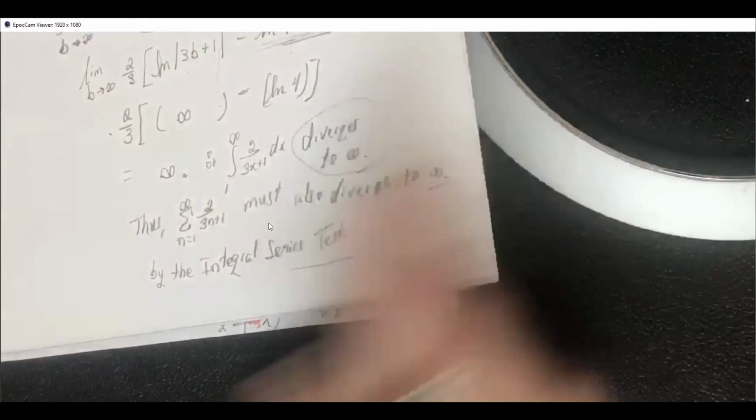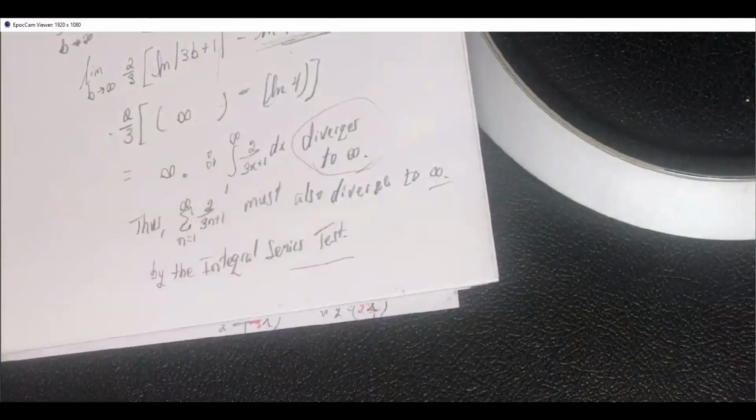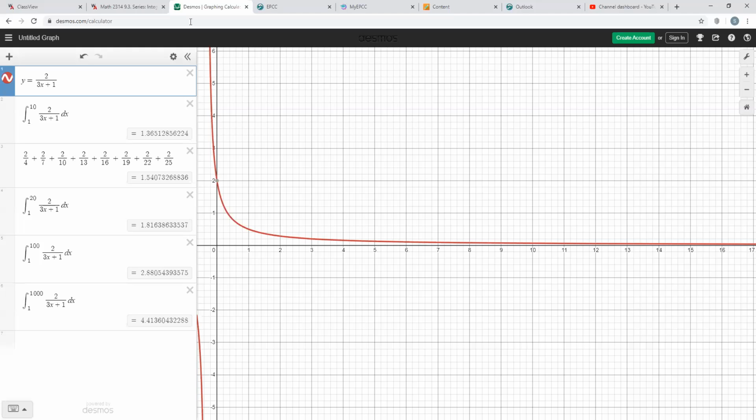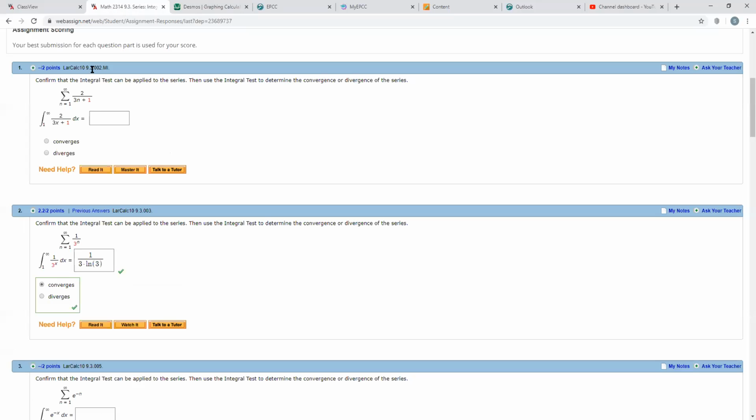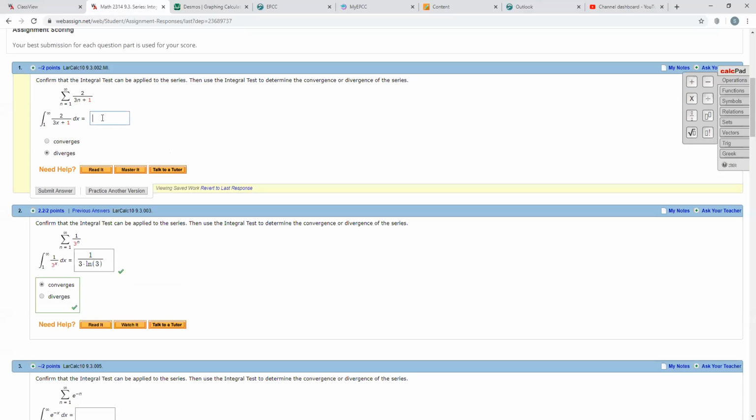Any questions here? Nope. That's it. Okay, so we go back to WebAssign, and we know that this diverges, which means the series, and at the end it was because the improper integral diverges.